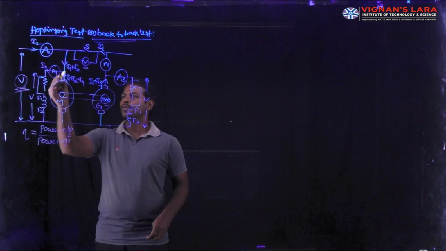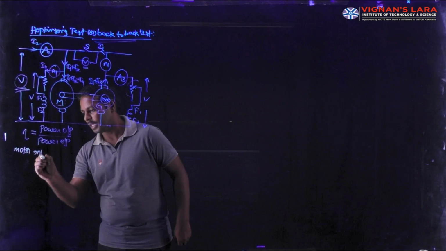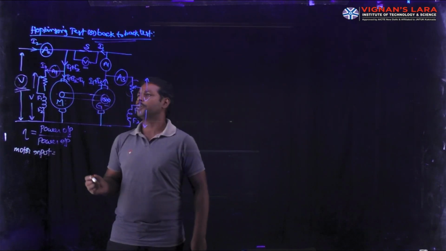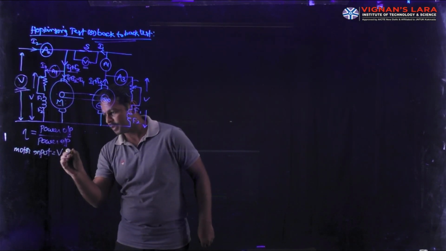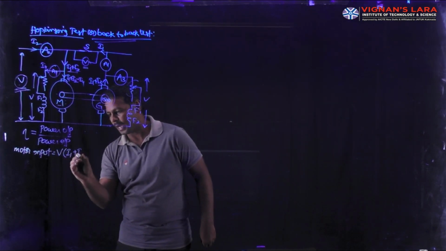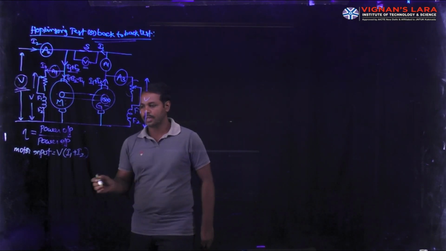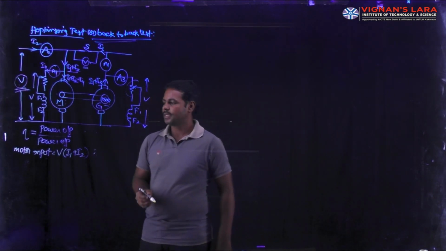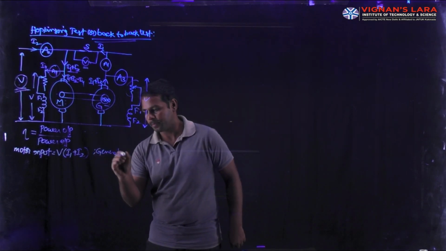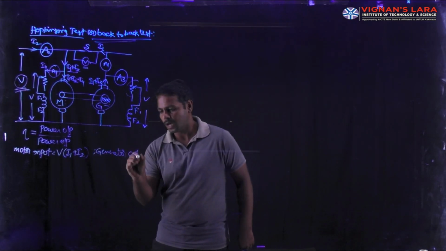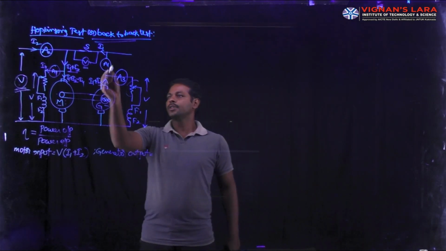In this, we can find the motor input, which is the voltage multiplied with both the currents, that is V into (I1 plus I2). This is the motor input. Similarly, the generator output is equal to voltage into current.